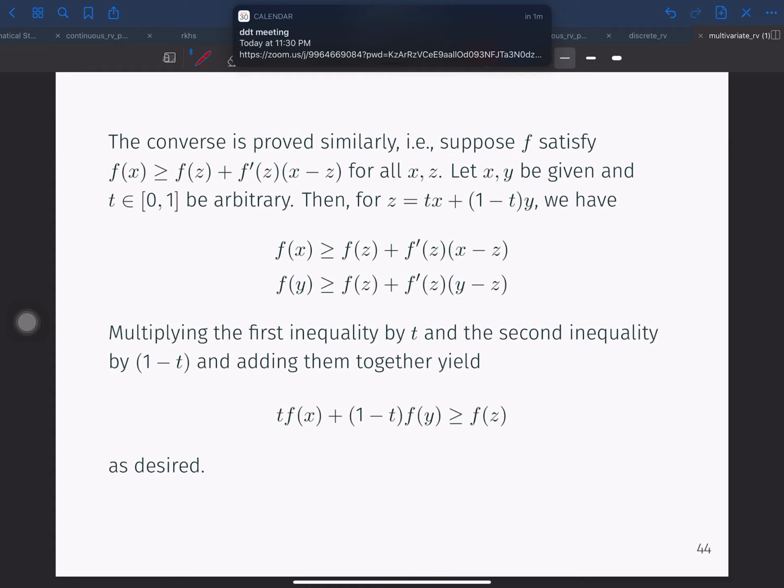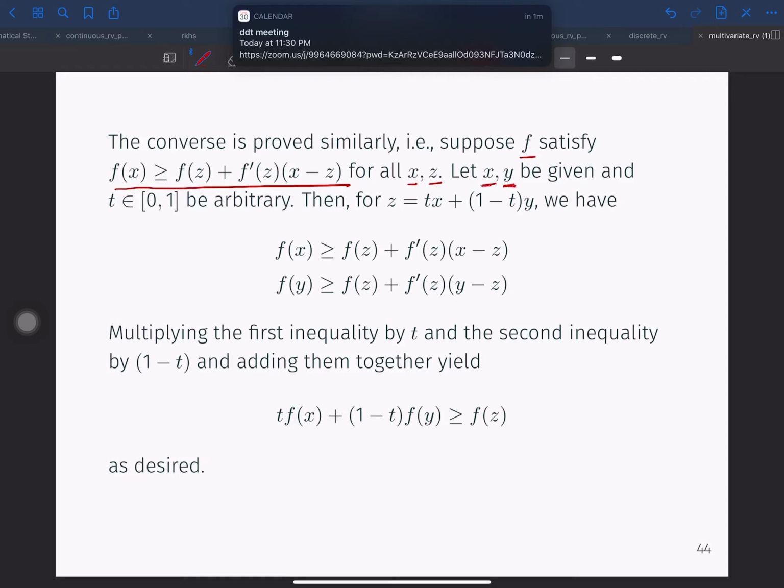So suppose f satisfies this condition for the linear approximation, for any x and for any z. Now you have two values, x and y.